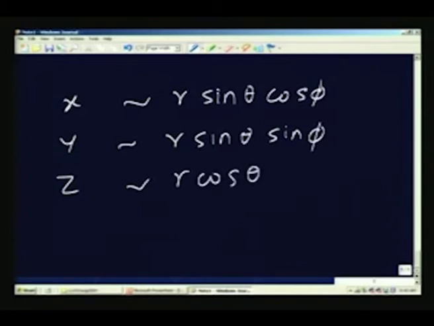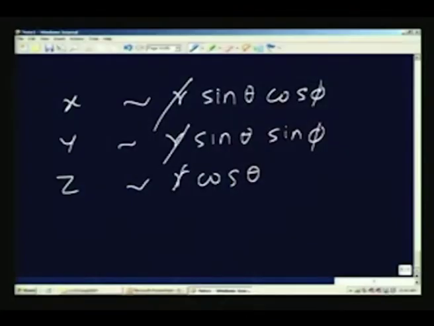Since we are only taking the theta phi dependence right now, let us limit ourselves to a particular sphere of certain radius r, which is a constant, so we do not have to worry about it. So you see that sin theta cos phi looks like the x variable, sin theta sin phi looks like the y variable, and cos theta looks like the z variable.